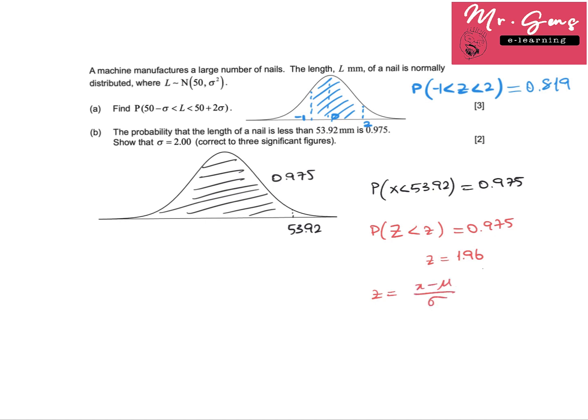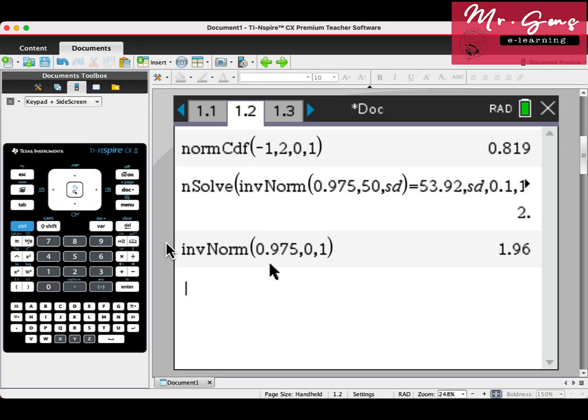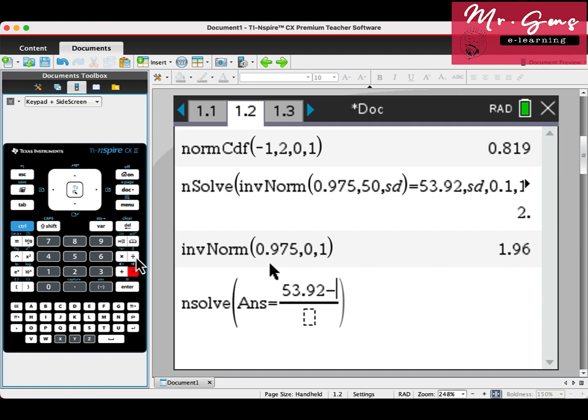We need to find the standard deviation. So that's what we are going to show on our test paper. But the process will still be done on the calculator. That's fine. You can use nsolve and write the equation. Keep it in mind, it's a show that question. Even if you don't know how to do this part, you can resume with part C later.